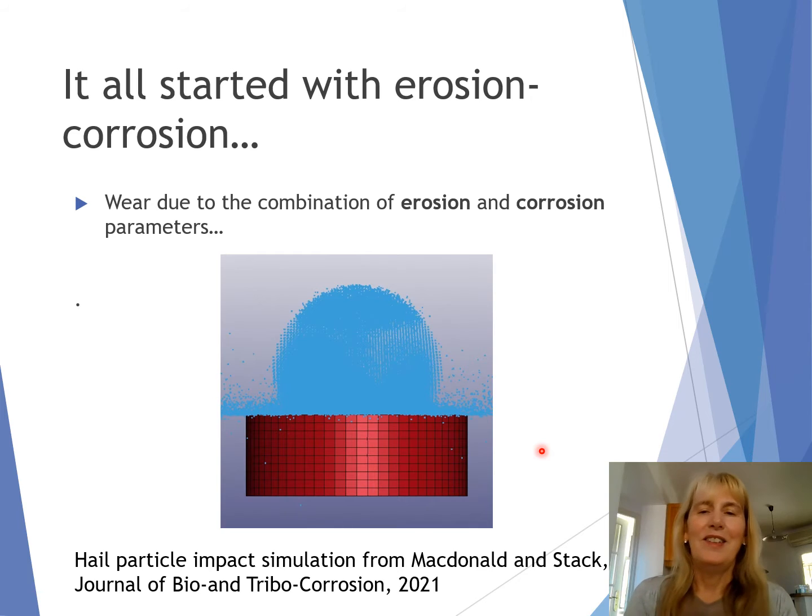Now, the energy can be consumed in terms of elastic work, plastic work, and depending on the toughness of the material, can result in brittle fracture, but also the energy can actually result in frictional heat.